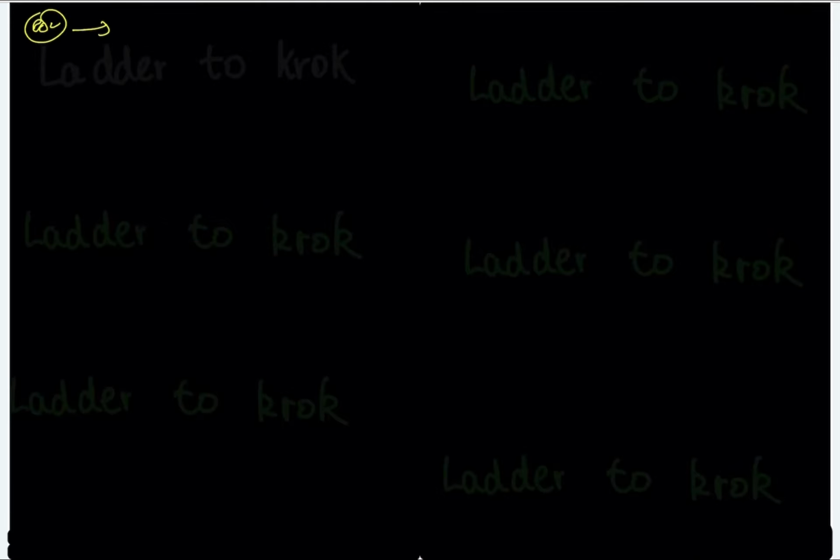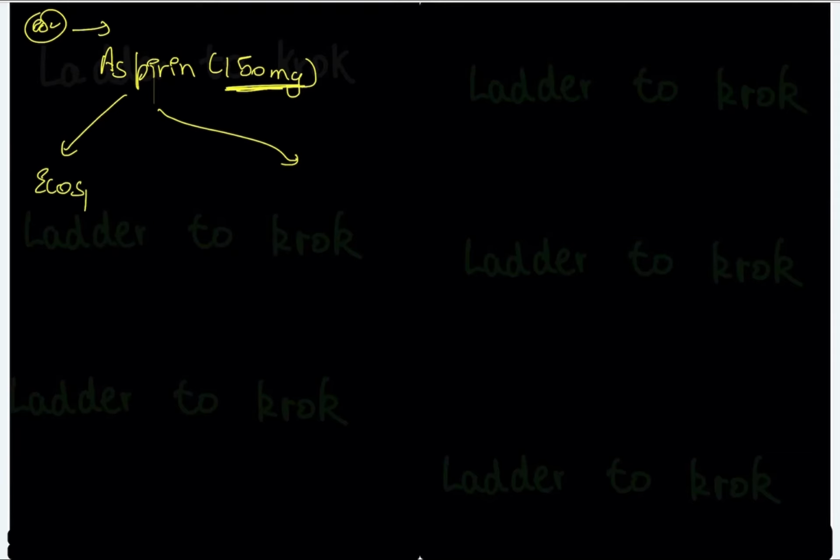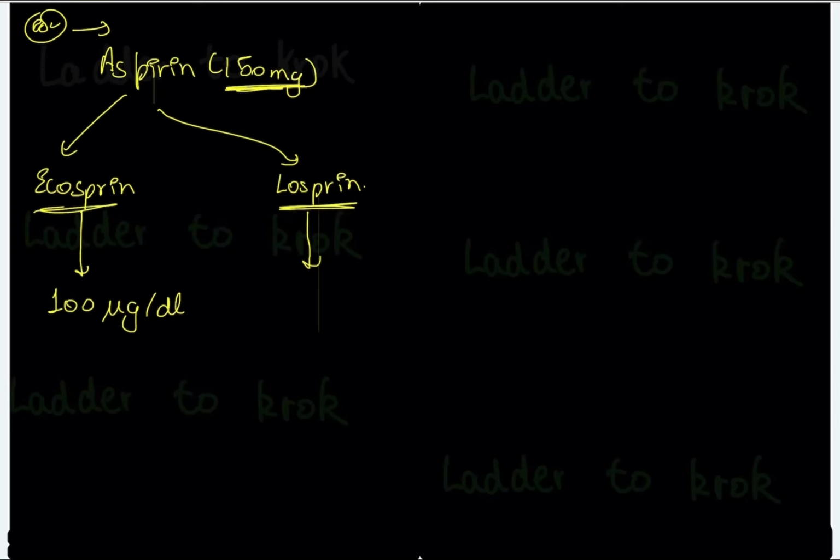For this I want to give you one example. Just imagine you give a patient aspirin, suppose 150 milligram. Aspirin has two brands, like one is Ecosprin and the other is Losprin. These are different brands, from different companies. This Ecosprin has like 100 ug per deciliter, and this Losprin has like 90 ug per deciliter, or 95 or 99, whatever.